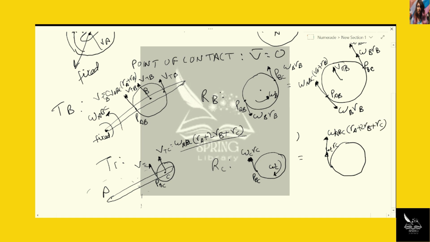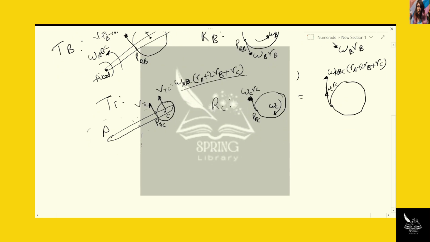Now we know that the velocities at PBA and at PBC have to be 0 because they are points of contact.